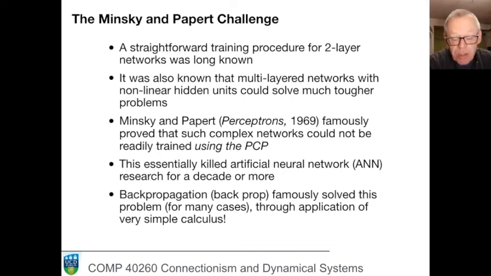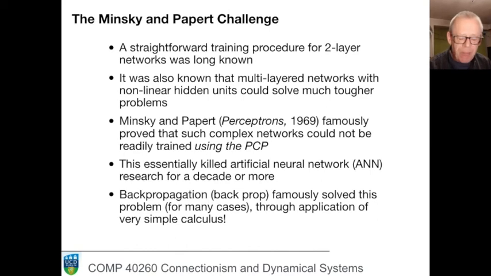Their pronouncement that the more interesting problems could not be solved by perceptrons killed the field of artificial neural network research for a decade. Most people left the field. There were a few stalwarts exploring other avenues, but interest had begun to turn towards automated learning. People were getting data consciousness. They wanted to do supervised learning, and this seemed like a dead end.